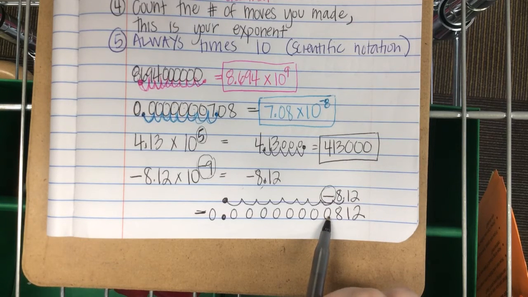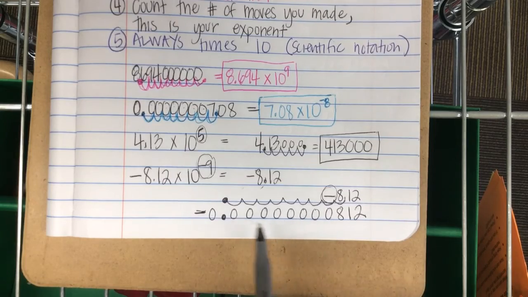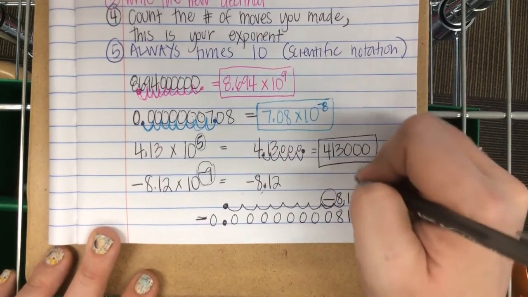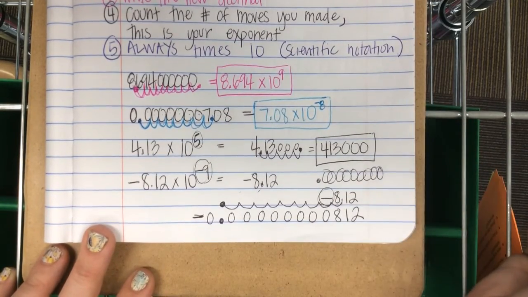If it's negative, now here's the trick. This gets counted. So it's 0.000. You cannot say, oh, I'll just put down 9 zeros, 1, 2, 3, 4, 5, 6, 7, 8, 9, and then put my decimal. No, no, no.